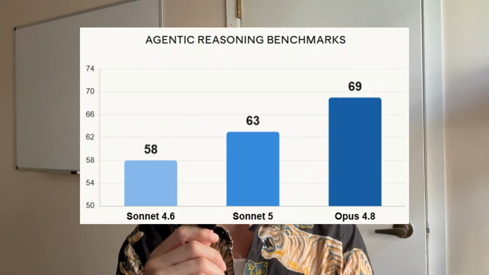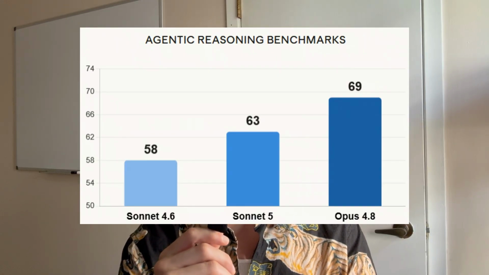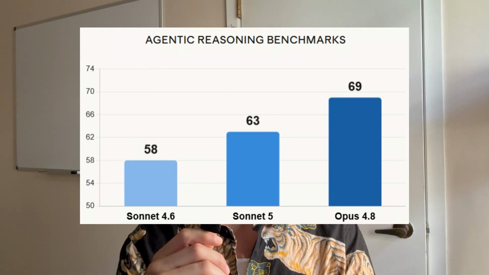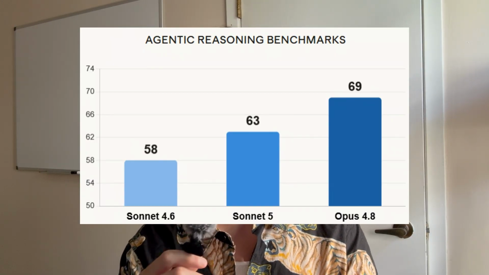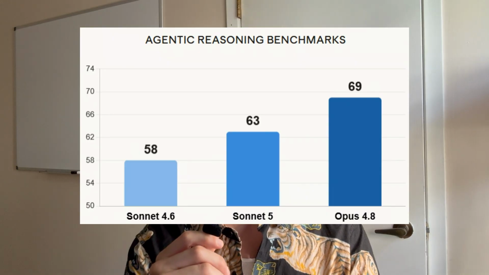But how good is Sonnet 5 actually at agentic workflows? When it comes to agentic reasoning, the actual benchmarks shake out this way. With Sonnet 4.6, we have that right at 58. With Sonnet 5, it edges up to 63, whereas Opus 4.8 is all the way up at 69.